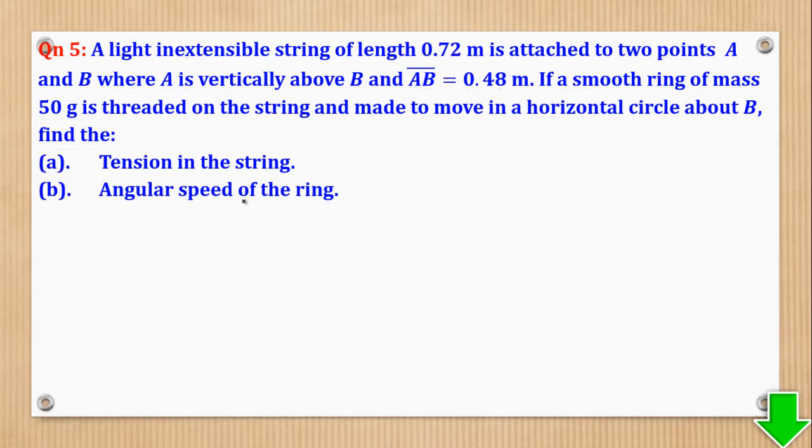So still it is a conical pendulum, but this time it is a little different because there is a certain mass which is being threaded, not attached. It is threaded on a string. So what is the difference?